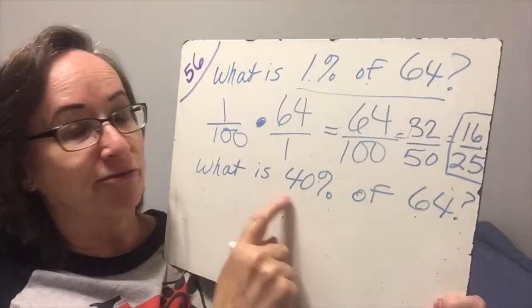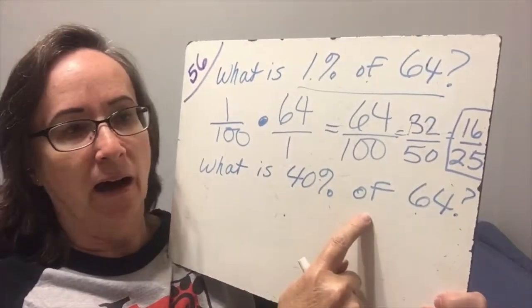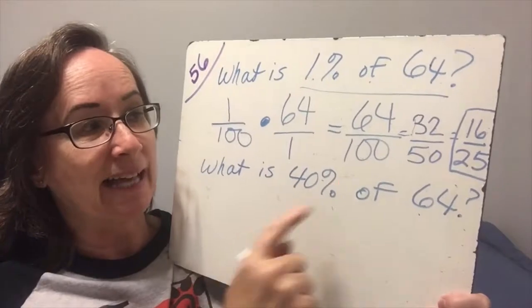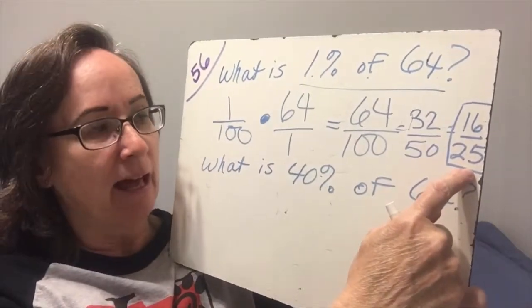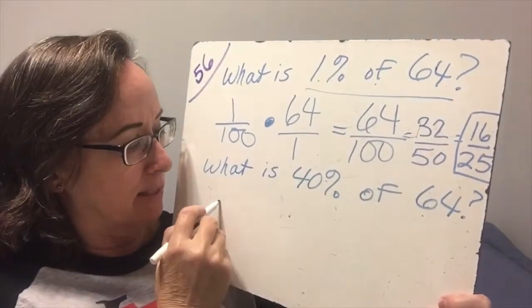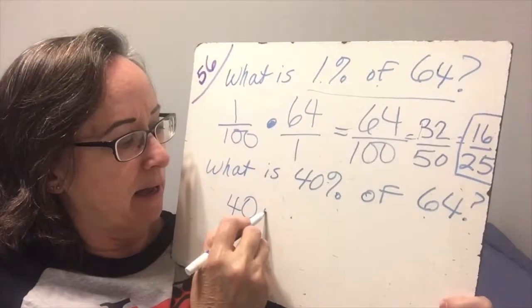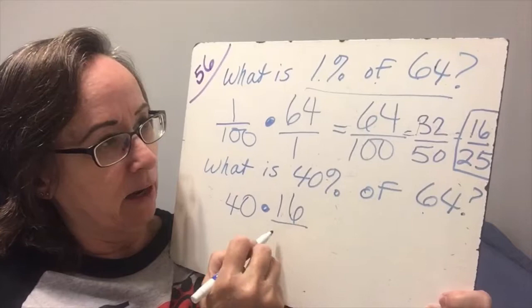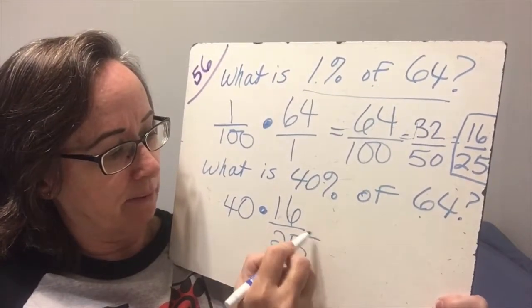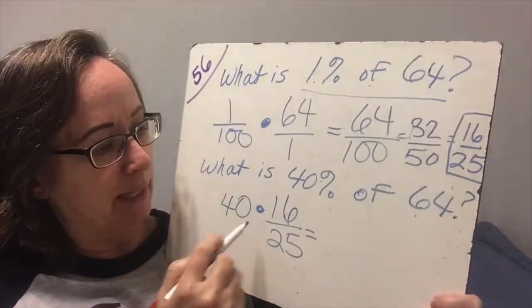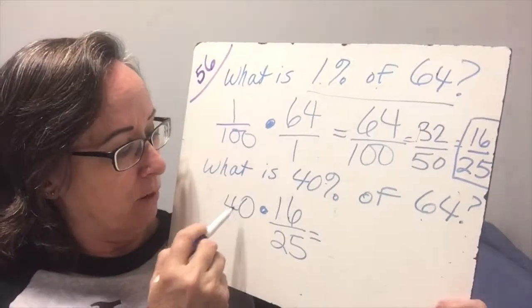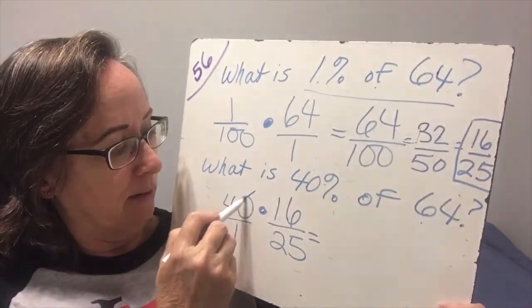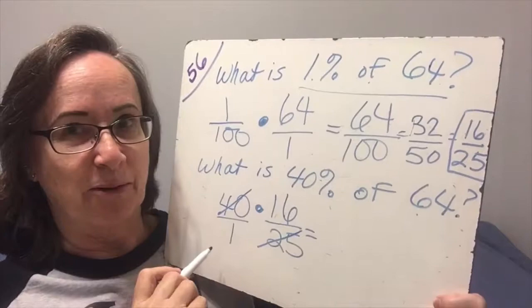So what is 40% of 64? Well, since I already found out what 1% is, I know that 40% is going to be 40 times the 1%, which is 16 over 25. Okay, and now we can simplify a little bit. We know that 5 goes into both of those.